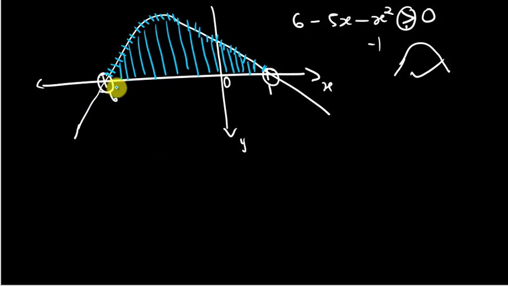So -5, -4, -3 up to 1, with 1 not being part of the values. So in this case, it means that the values, they are what? Greater than -6. So x is greater than -6, and at the same time, the x values are less than 1. So x is also less than 1.